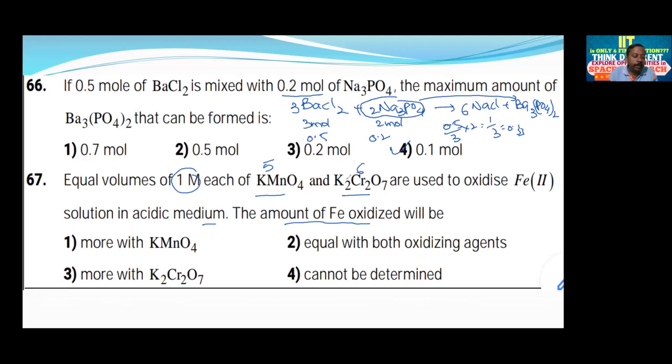So there will be different amounts of oxidation, because the equivalent factor is different. 1 mole will lose 6 electrons, and 1 mole will lose how many electrons? 5 electrons. So the amount of Fe oxidized will be more with K2Cr2O7 because it is giving more electrons.